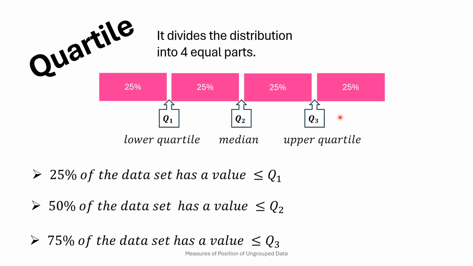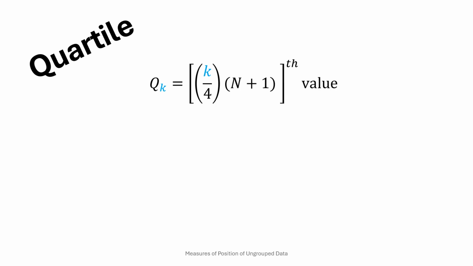Let's have an example. Before we proceed to the example, let me present the formula in finding the quartile of an ungrouped data. Qk equals k over 4 times the quantity n plus 1 value.